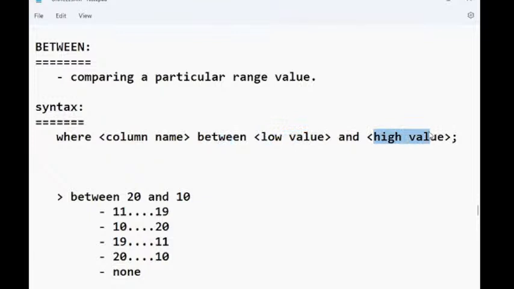Don't use high to low. These are the two points always to keep in mind.